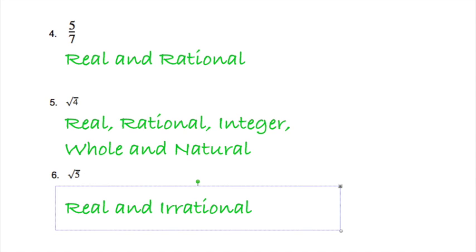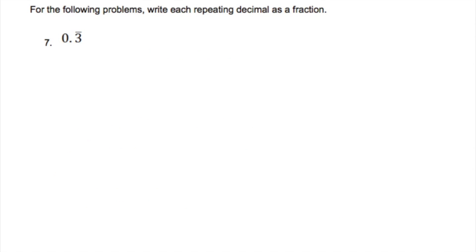So now let's look at some examples of converting some repeating decimals into fractions. So if we take 0.3 repeating and we want to write it as a fraction, you may know what that is already, but let's practice this to learn the process. So first, we want to define an equation that we can use to help us find the fraction.